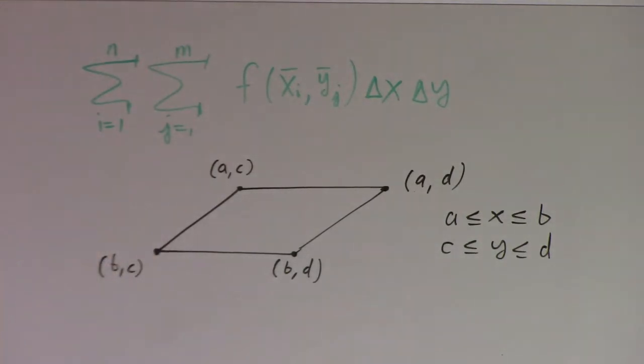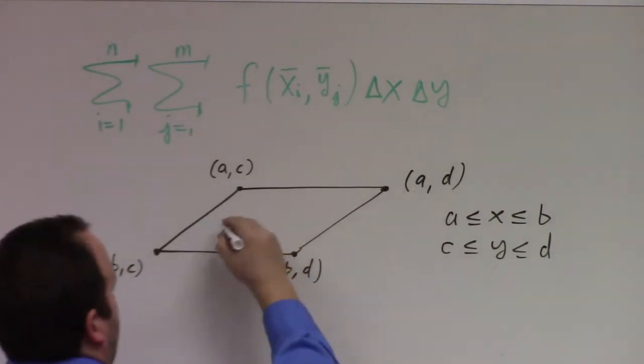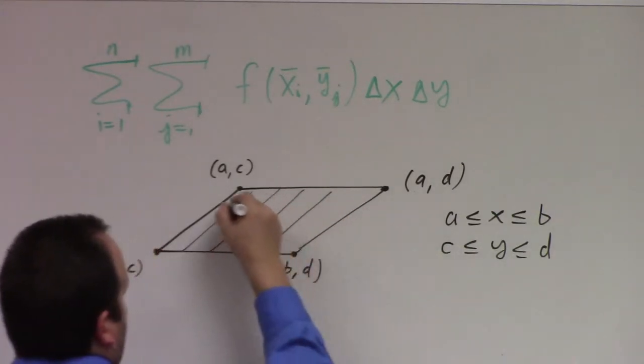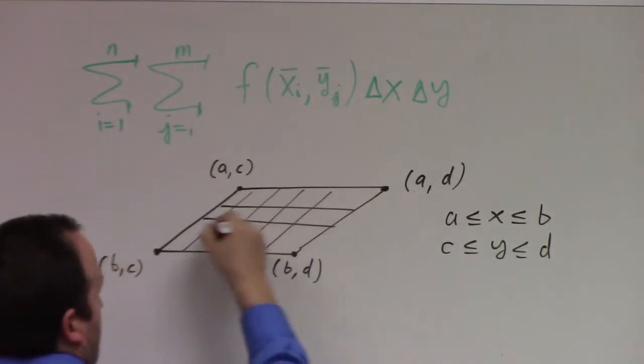So if I'm trying to find the volume over this rectangle where we're bounding x between a and b, and we're bounding y between c and d, I look at this rectangle, I think about chopping it into a fine rectangular grid like this, right?